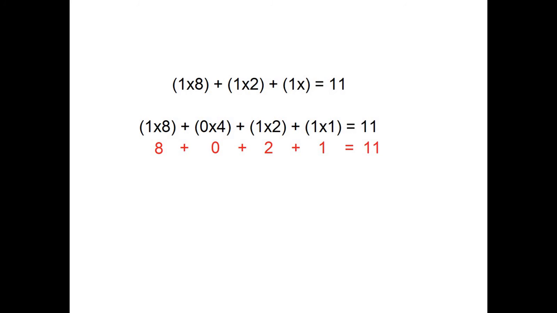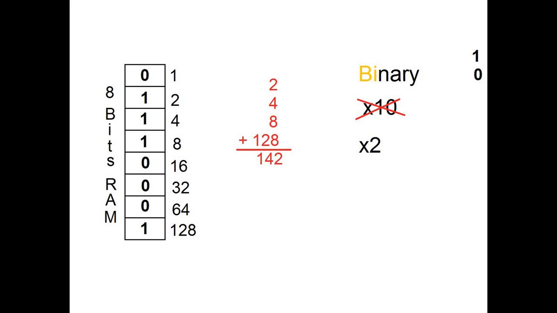So we can just eliminate adding those up and just leave any zeros right out of the equation. So in this one, we have 1 times 2, so we add 2 to the 4 plus 8 plus 128, and that equals 142.